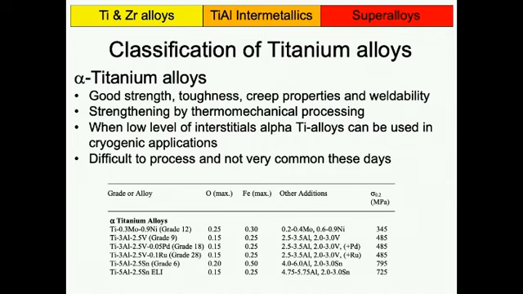That's why creep properties are mentioned here, because apart from a very, very tiny amount of beta phase to mop up hydrogen, you don't really have any beta phase here. And so that can be beneficial. Strengthening is done through thermomechanical processing.